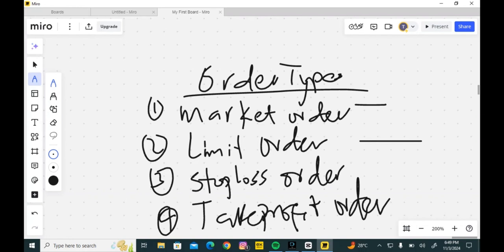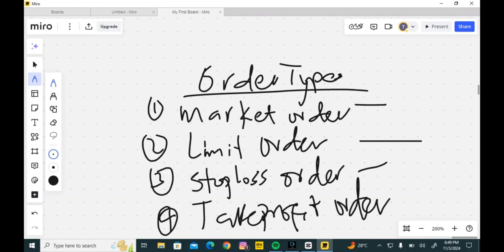Why this one? You set your order at a particular area and price goes to that area to trigger you in, right? That's the limit order. It's also known as a pending order because it's going to be pending depending on when price reaches that area you set your order.